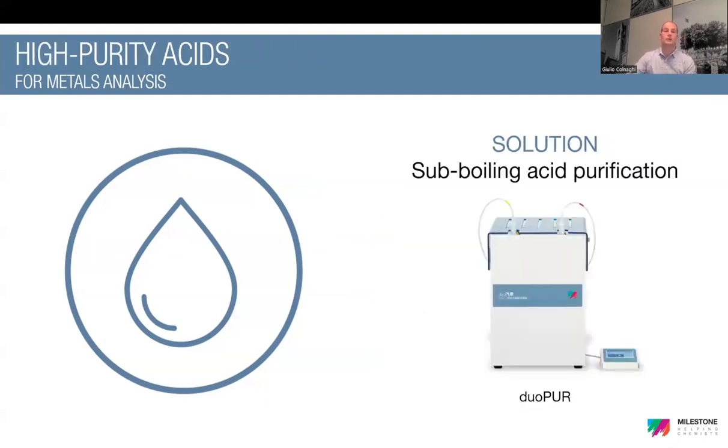A good way to address this challenge is to use an in-house subboiling acid purification system that enables you to purify reagent-grade acid into high-purity acid, and therefore cut not only the cost of the reagent, but enable the lab to produce in-house the quality of acid that they need to perform the different kinds of analysis.